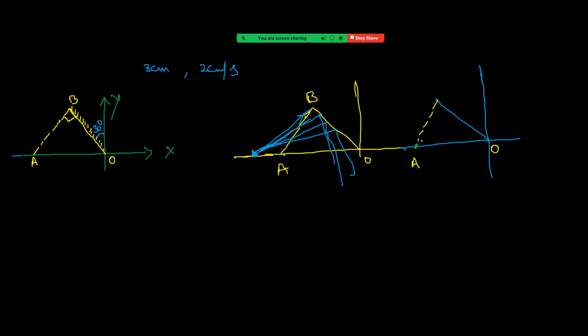Light rays fall at each and every point on the mirror. Okay. But out of those, if you see here, the light ray falling on this edge falls normally. That falls normally, it will retrace the path, right?